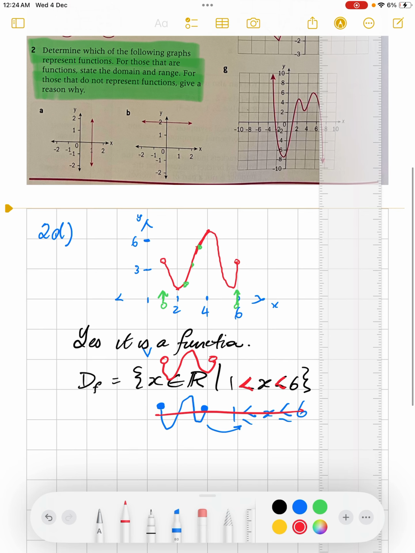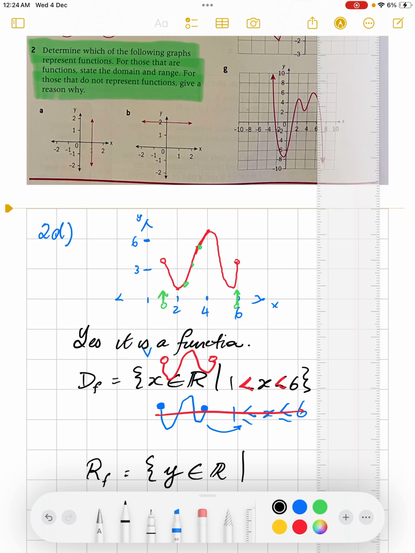And our range, R of our function, is the y's that are elements of the real numbers such that, now what's the greatest value for y? The biggest value for y is 7, yeah? So that's the biggest value for y, which is 7, and the minimum value for y is 1.